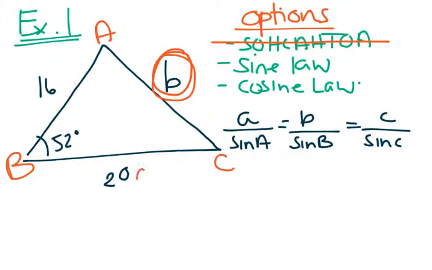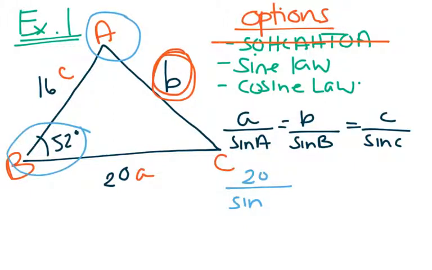Then I'm going to go across the triangle. This one's got to be little a. This one's got to be little c. And let's plug it in. Instead of little a, we can write 20 divided by sine A. We do not have angle A, and we can't even find it because we have angle B, but we don't have angle C. If we had B and C, then we would be able to find A, but because we only have one, we're kind of messed up.